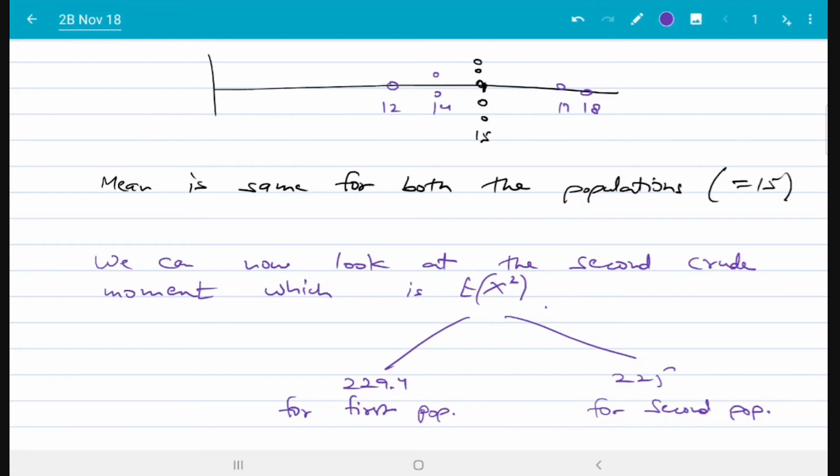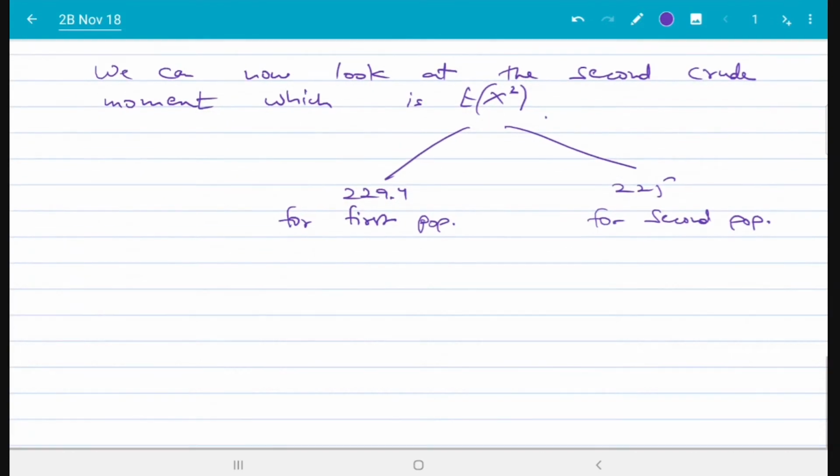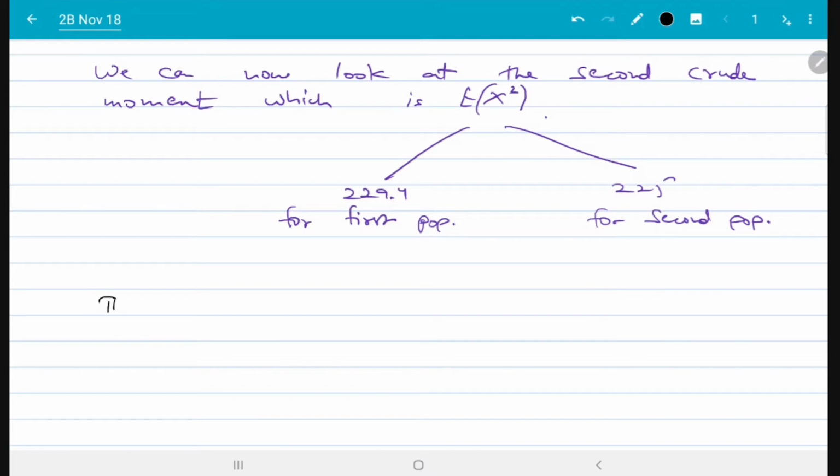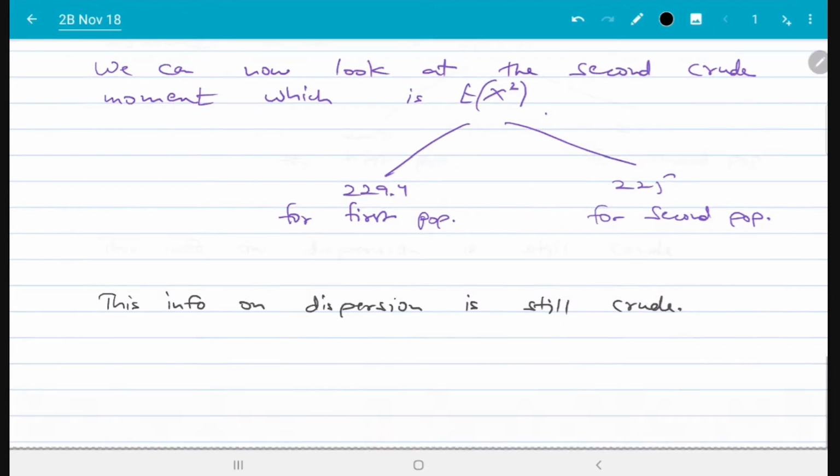Okay, but there's a problem even with this second moment. The information provided on dispersion is still crude.